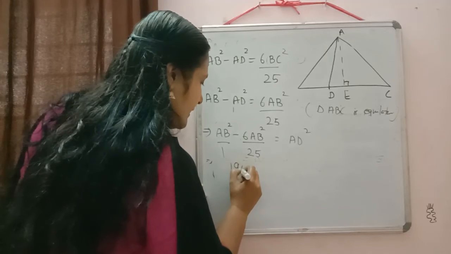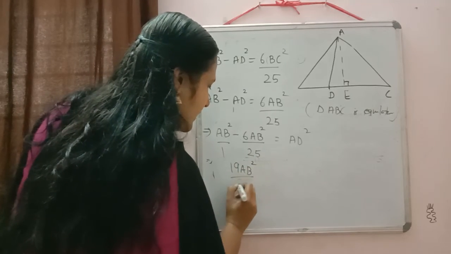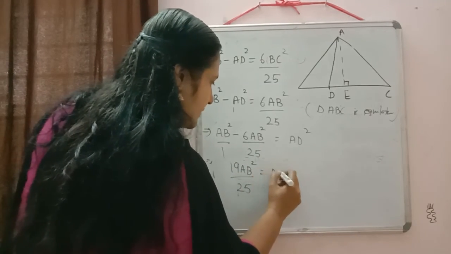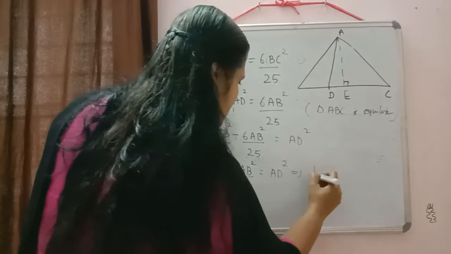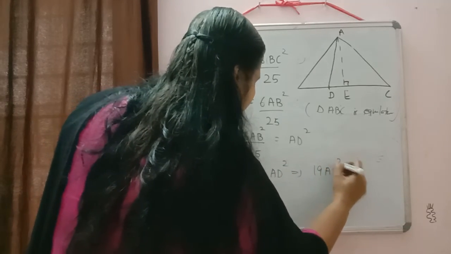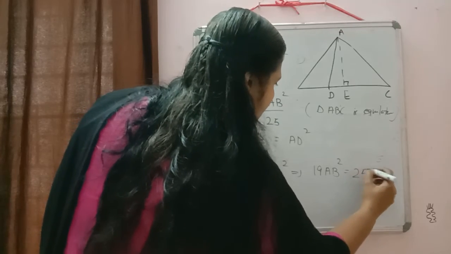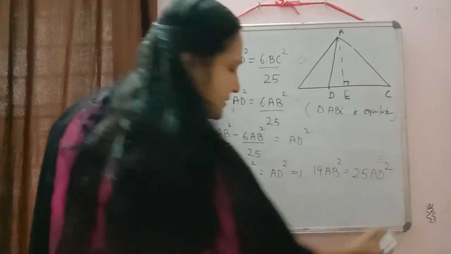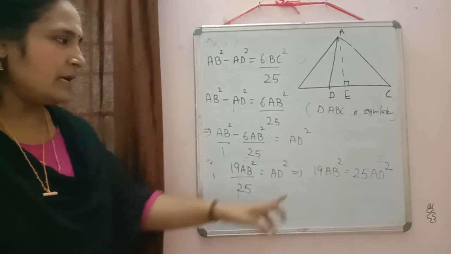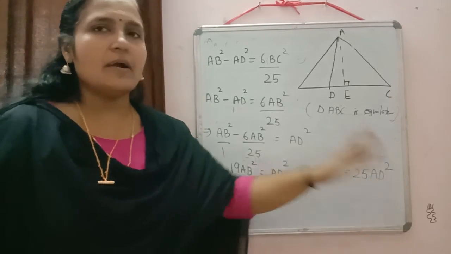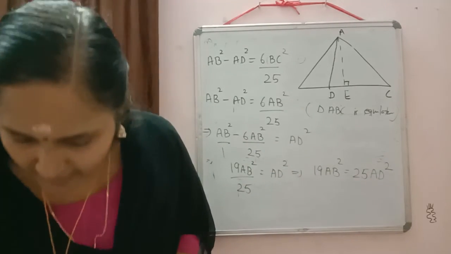So we are getting 19AB square by 25 is equal to AD square. So it will come 19AB square is equal to 25 AD square. That only we have to prove. 19AB square is equal to 25 AD square.